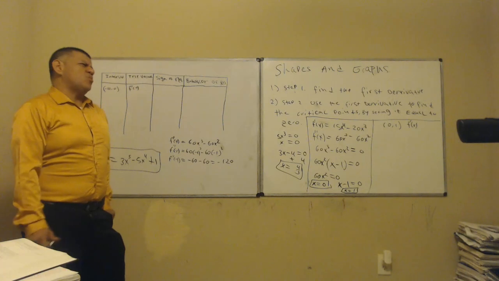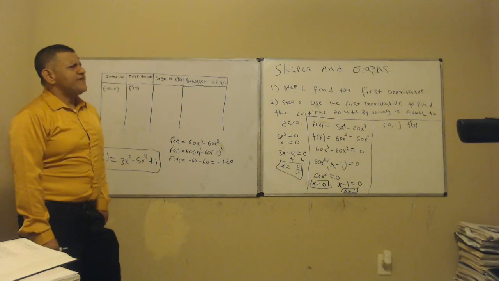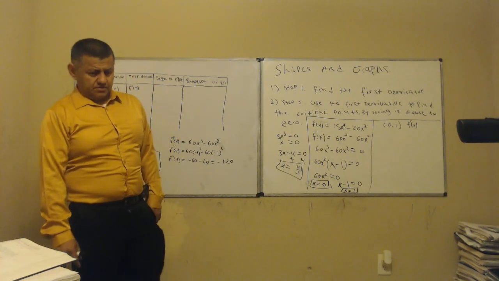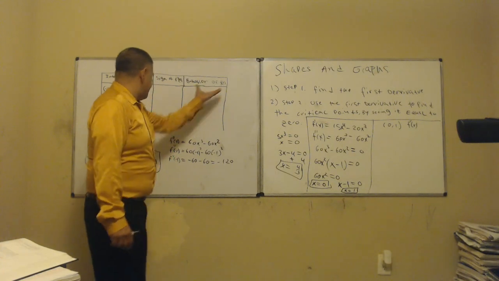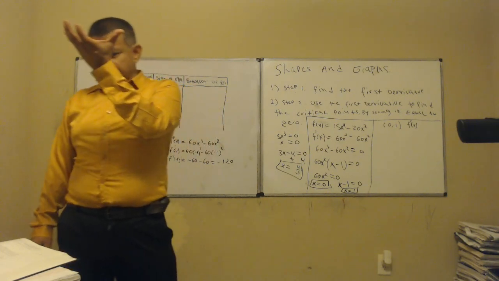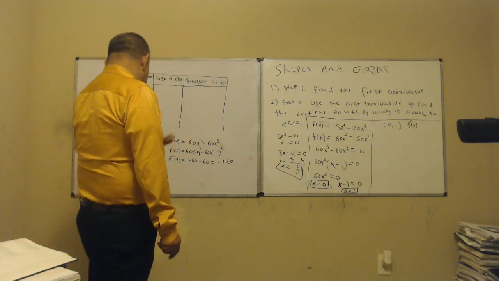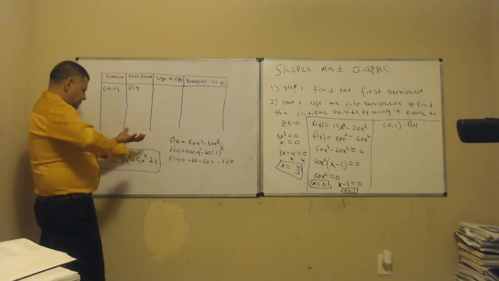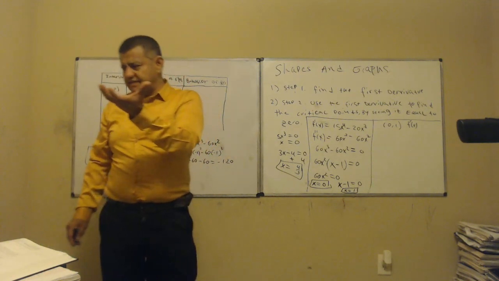So if I am getting negative 120 in that, am I concave up or concave down? That's a good question. Remember, we are analyzing the behavior of f of x, which is this guy. Holding a cup like this, right? So if I am going like this, holding it like this.